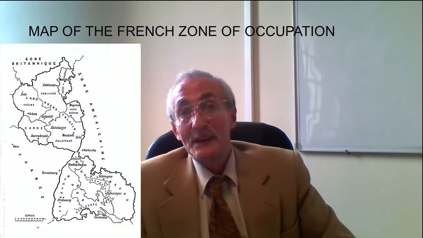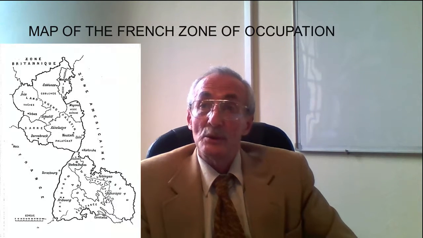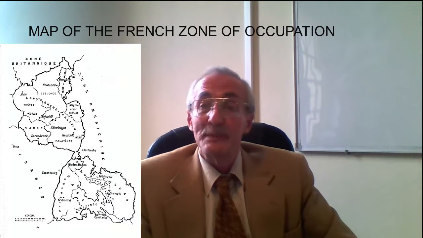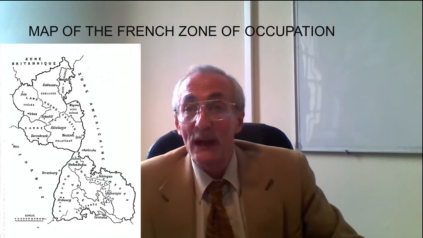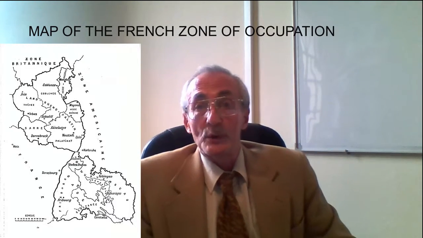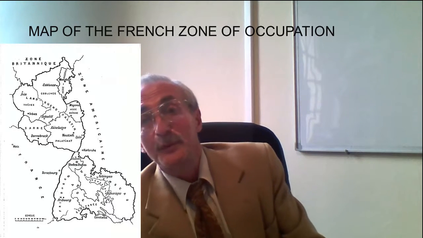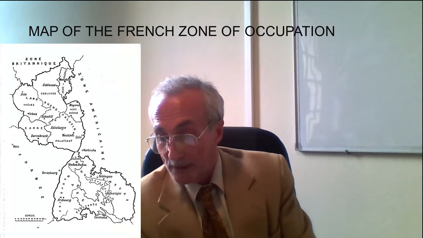Basically, the French first ran this very cruel regime of occupation, and then basically let the Americans run the show when they united with the other two zones and created three united zones of occupation, which in 1948 created the West German state, the Federal Republic of Germany.